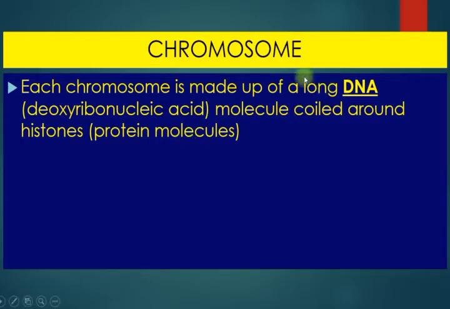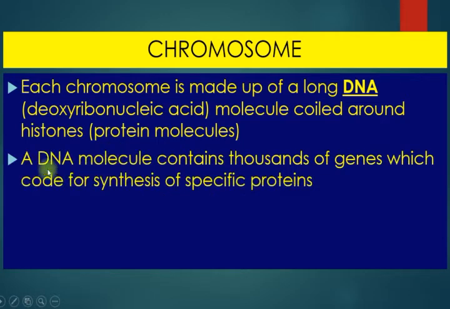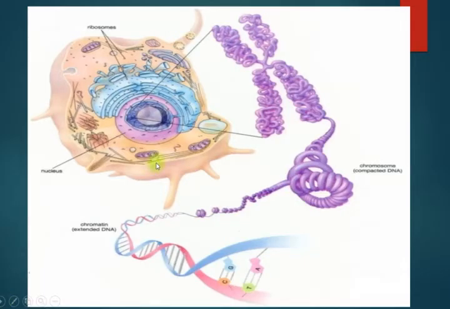So what is a chromosome? A chromosome is made up of a long DNA molecule coiled around histones. A DNA molecule contains thousands of genes which code for the synthesis of specific proteins. Let's take a look at the diagram here. This is our cell.